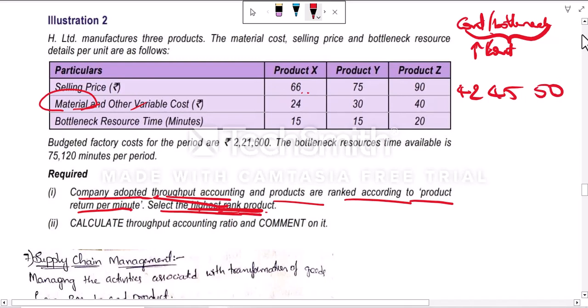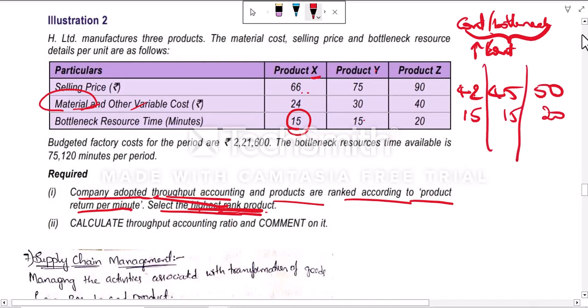Now we have to find the contribution per bottleneck. Per bottleneck resource means how much time each product takes on the bottleneck resource. Product X requires 15 minutes of bottleneck resource, product Y 15, product Z 20.